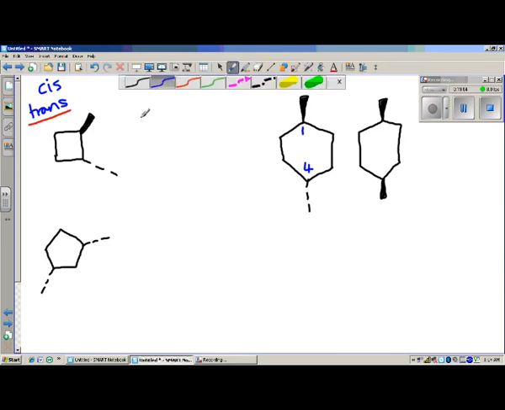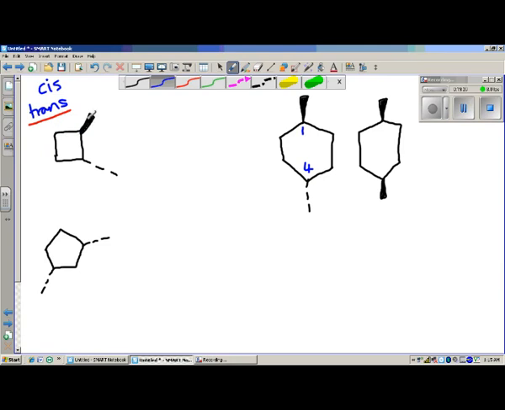And so we would name this exactly the way we would name it as if there was no stereochemistry here, and then just stick the necessary word cis or trans on the front of the whole molecule.